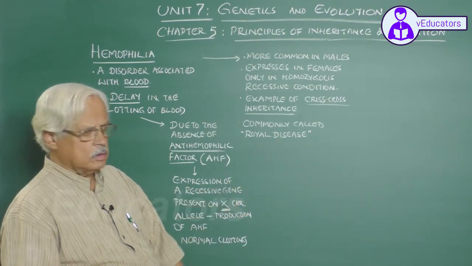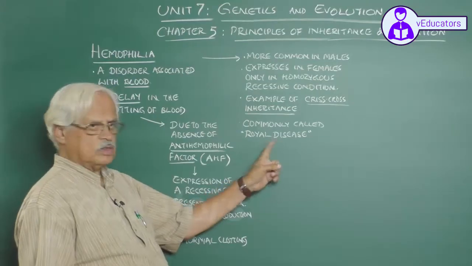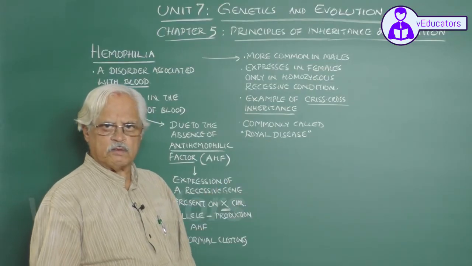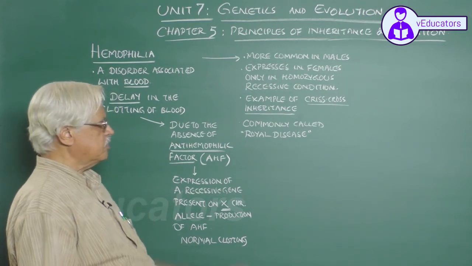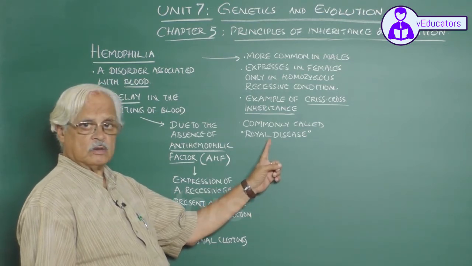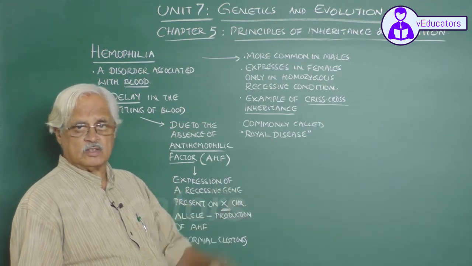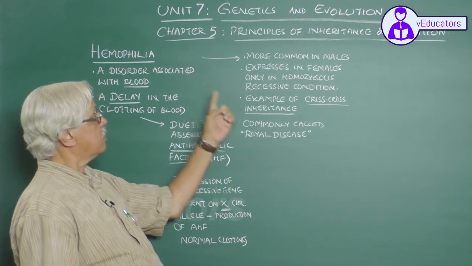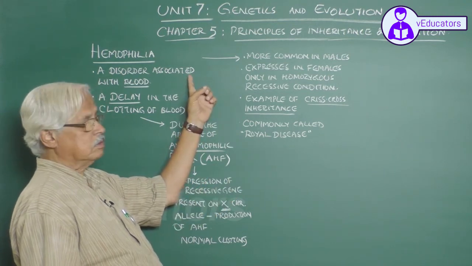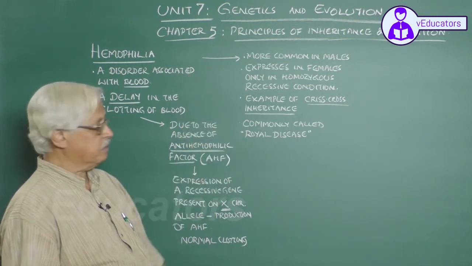In fact, the situation that we see in the royal family of Europe, like for example Britain, is that the prince is not given the throne, the princess is given the throne, because the prince used to die for some reason or the other due to hemophilia.